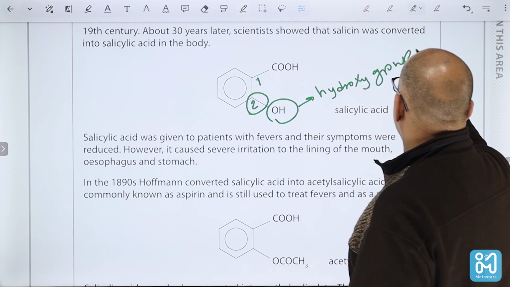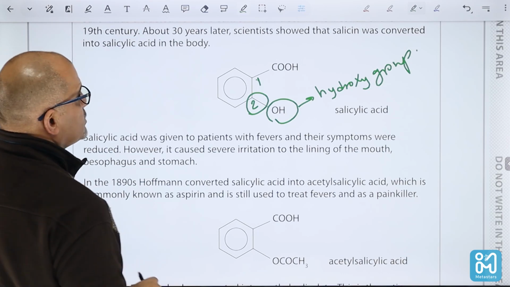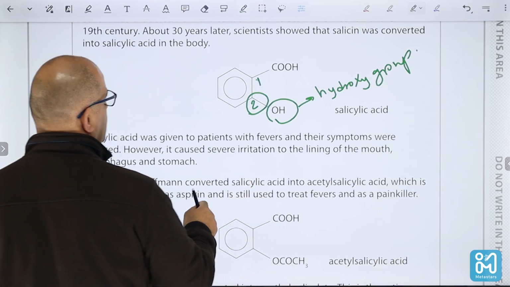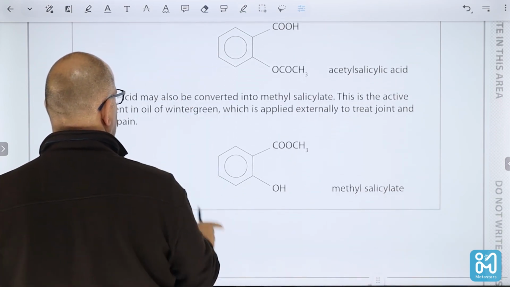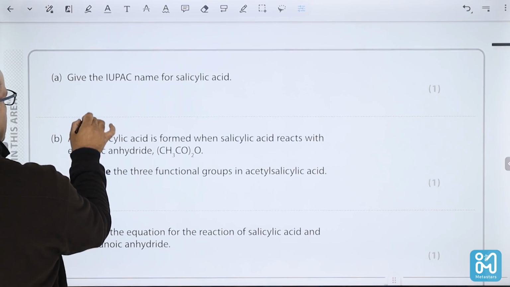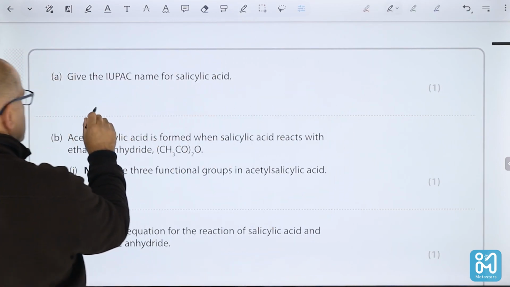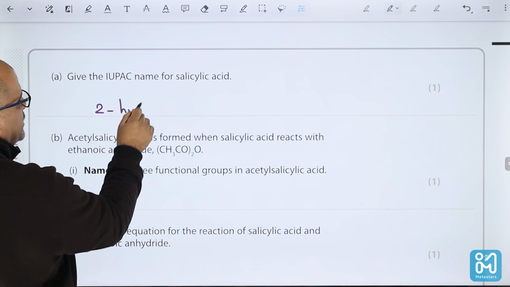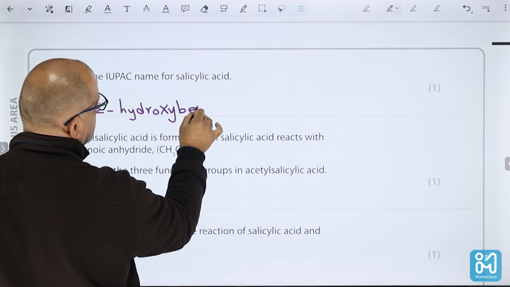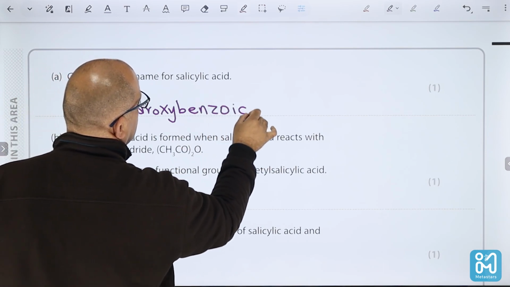So its name is 2-hydroxybenzoic acid. That's the name of the structure. So the name is 2-hydroxy benzoic acid.